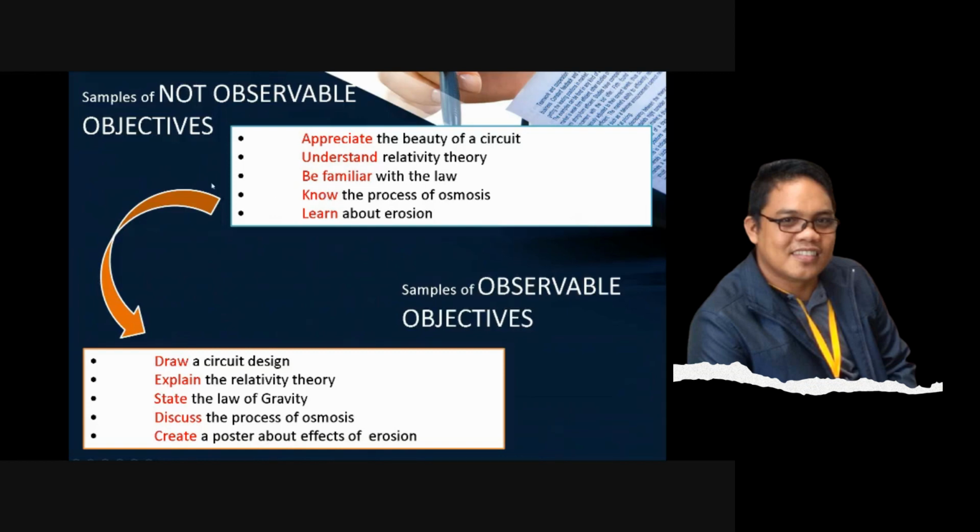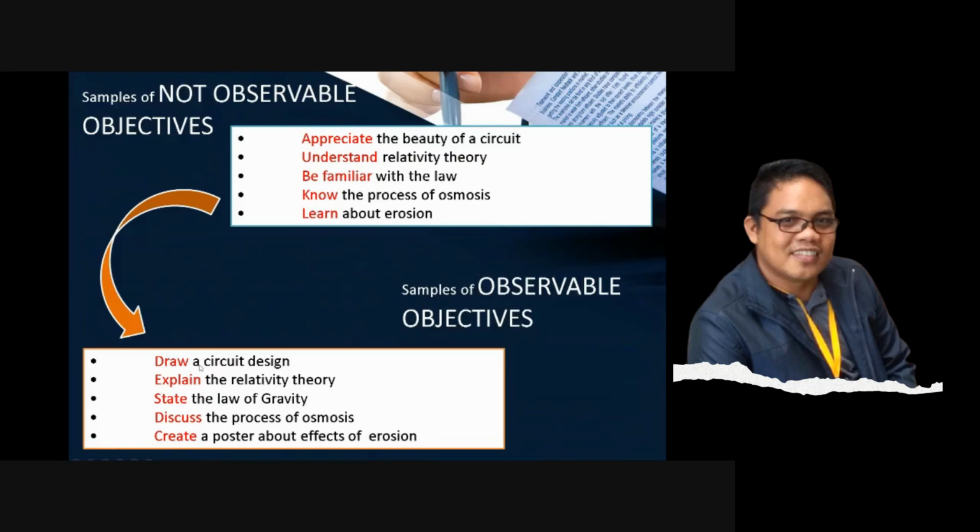Next, know the process of osmosis, magiging discuss the process of osmosis. Next, learn about erosion, magiging create a poster about effects of erosion. So, from not observable, magiging observable. So, more specific at mas measurable yung ganitong mga words: draw, explain, state, discuss, create.